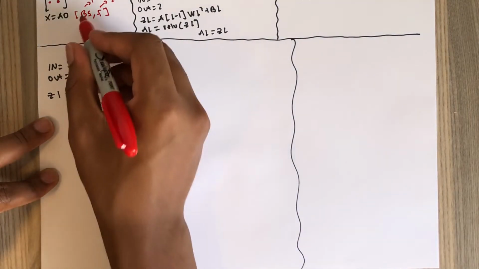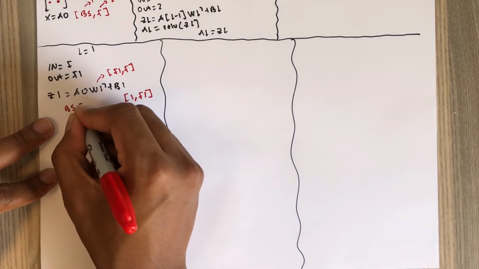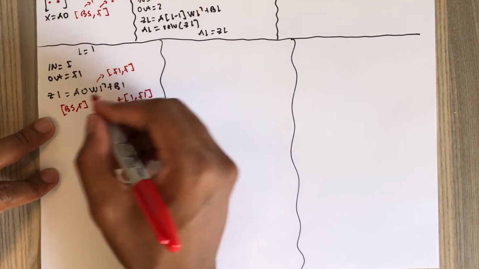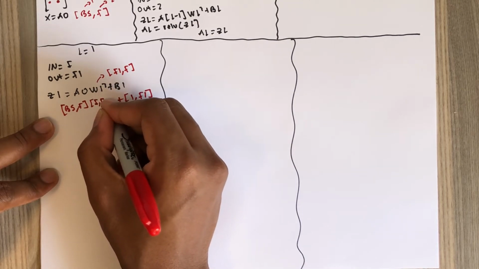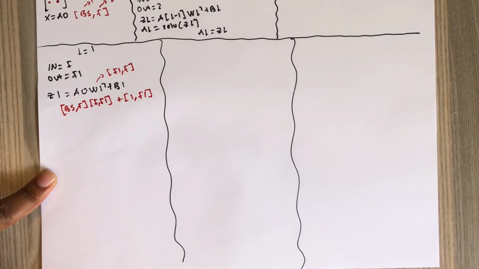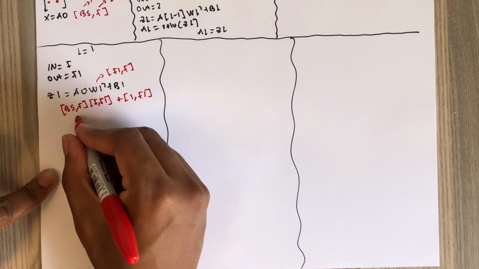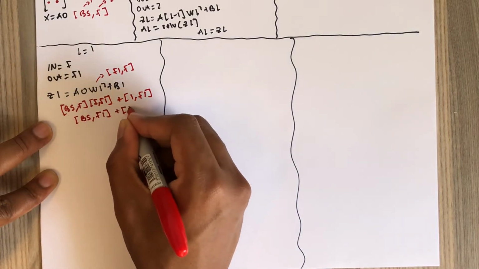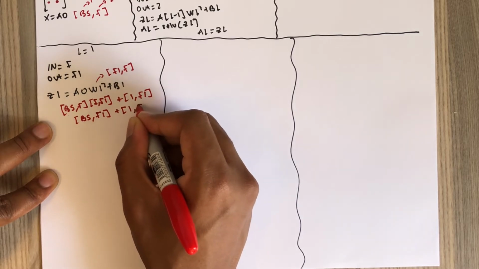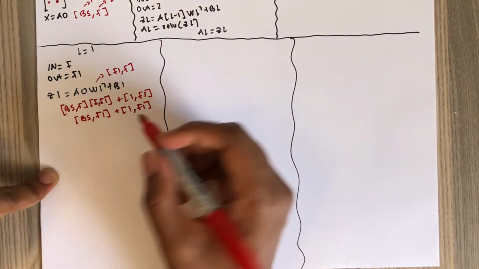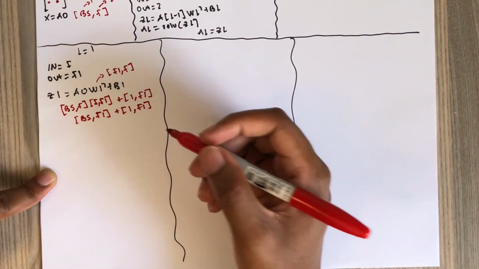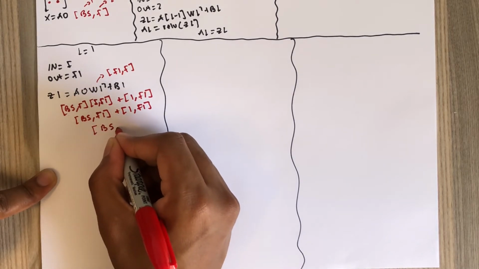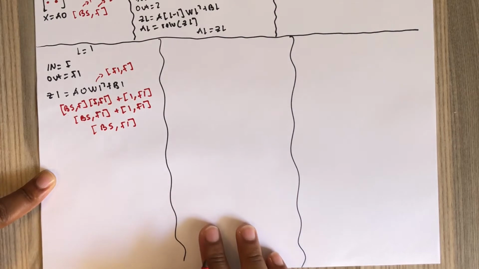So A0 has a dimension of bs by f, and the transpose of W1 is f by f1. Okay, then after multiplying this, you end up with a tensor that has a dimension of something like this. By the way, these are all dimensions, not tensors. These are the dimensions of the tensors after the operations or during the operations. Then when you add this, you end up with a tensor of bs by f1.